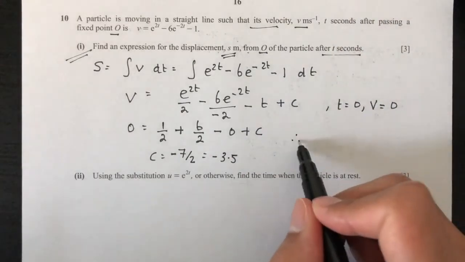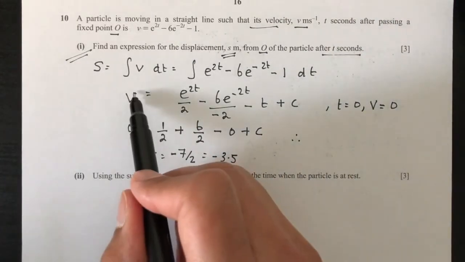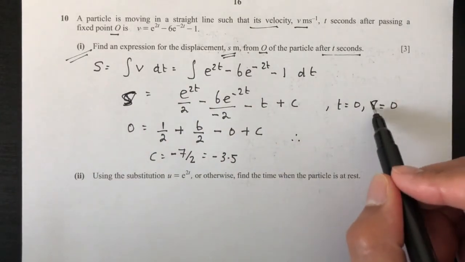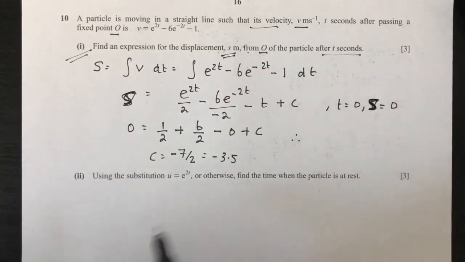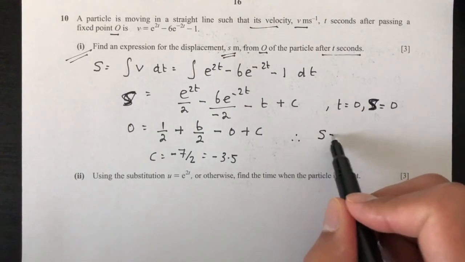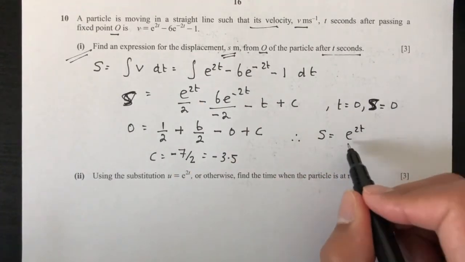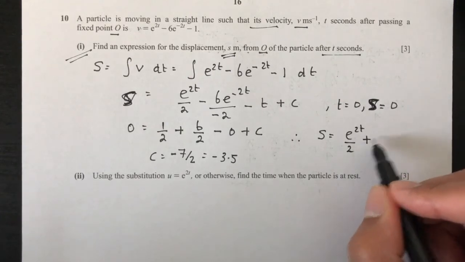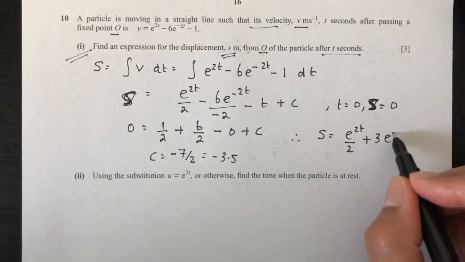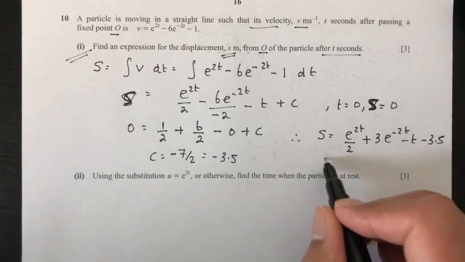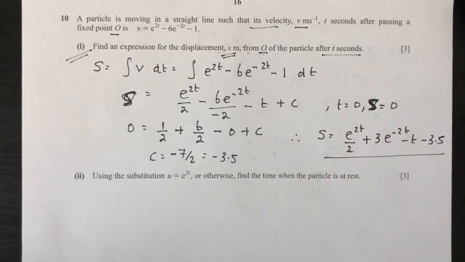So going back to your equation, this is s, it's not v, it's s. So s is equal to e^2t divided by 2 plus 3e^(-2t) minus t plus c, which is this. This is your equation for s.